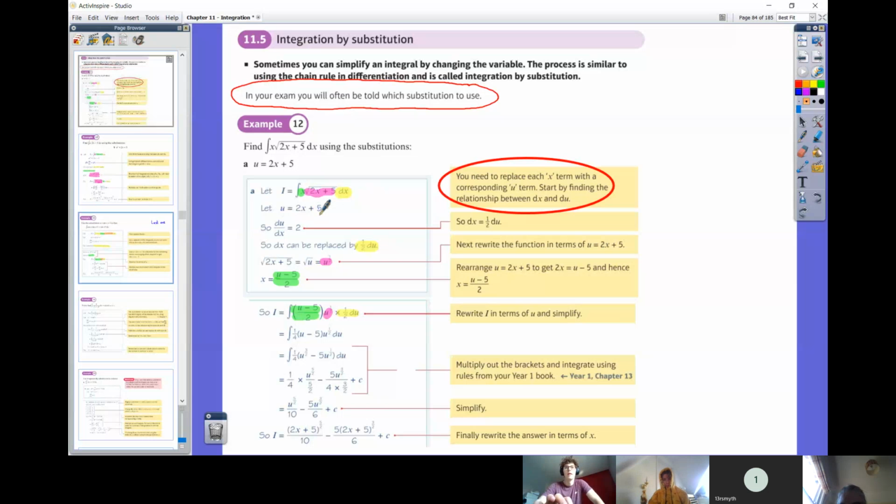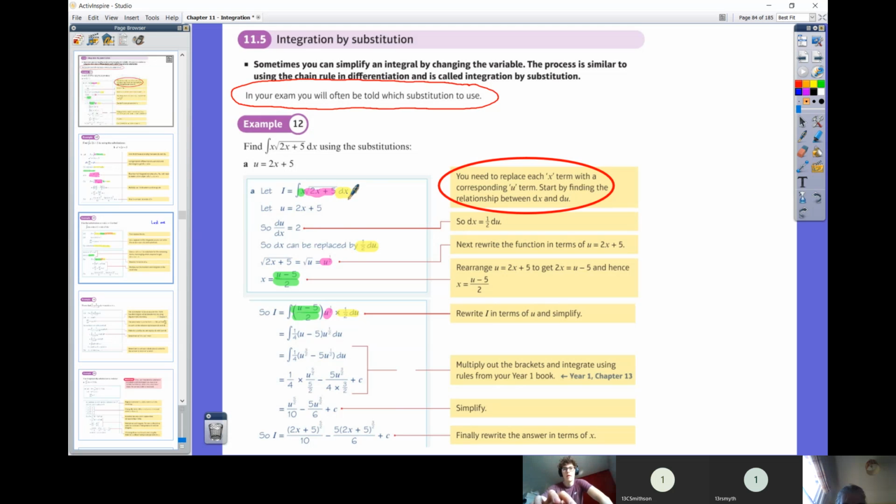Now, when we differentiate u equals 2x plus 5 with respect to x, du/dx equals 2, because the derivative of 2x plus 5 is 2. Now we want to make dx the subject.